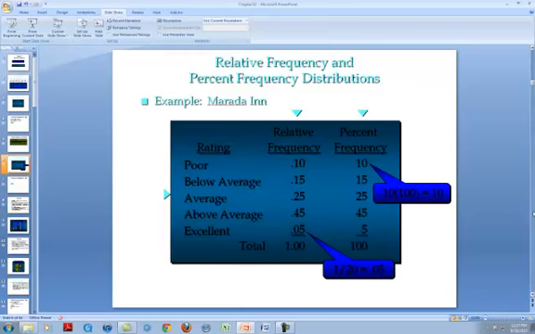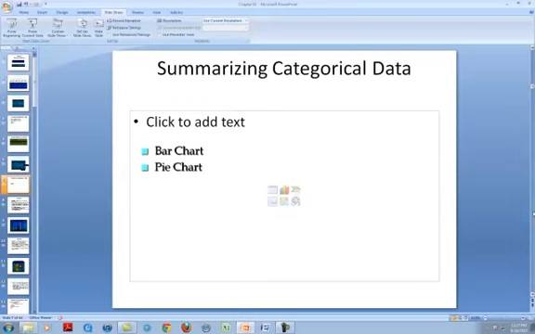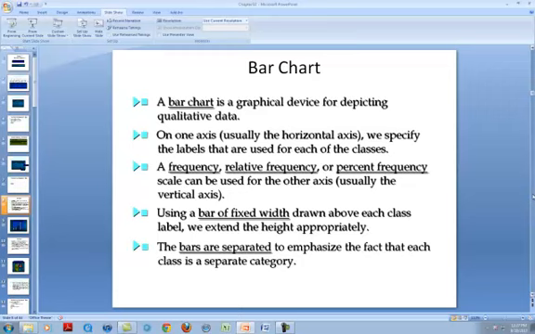Now this is helpful, but as they say, a picture is worth 1,000 words. So another way we deal with data is by creating so-called charts. There are 2 types, bar charts and pie charts. How do we construct a bar chart? First, on the horizontal axis, we specify the labels.